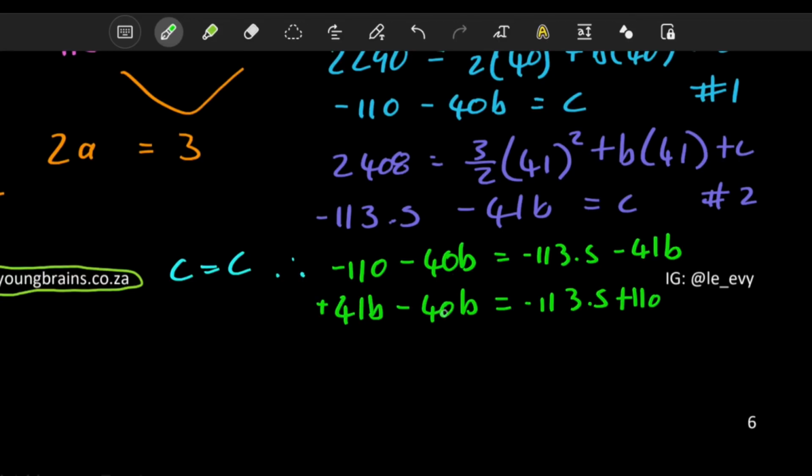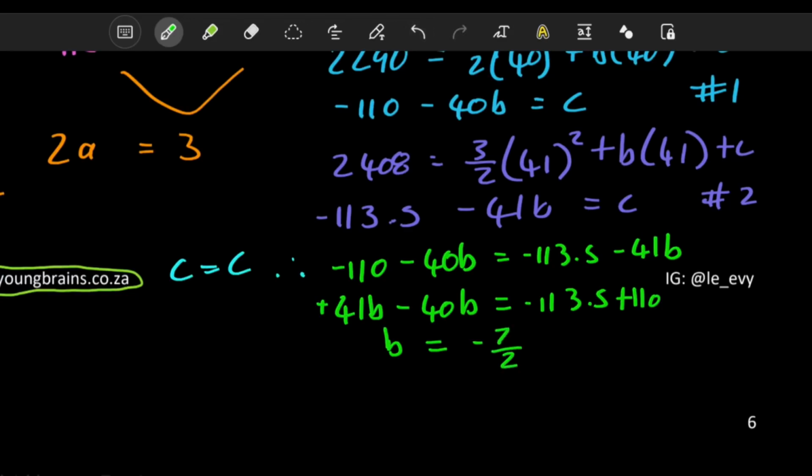Here you end up with b, because 1 minus 40, that's like 1b. And then negative 113.5 plus 110, you end up with negative 3.5. So it's negative 7 over 2 as your final answer.